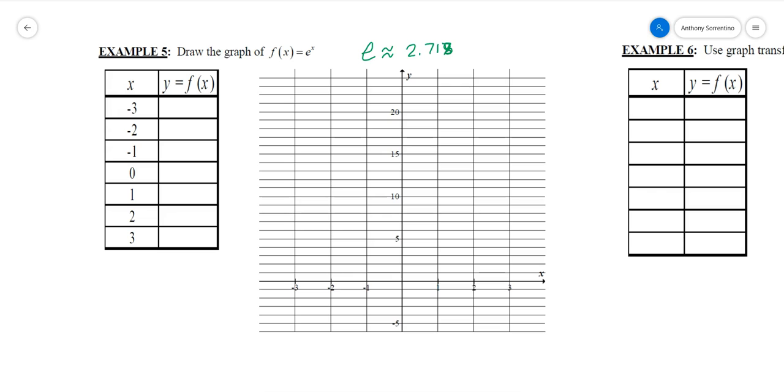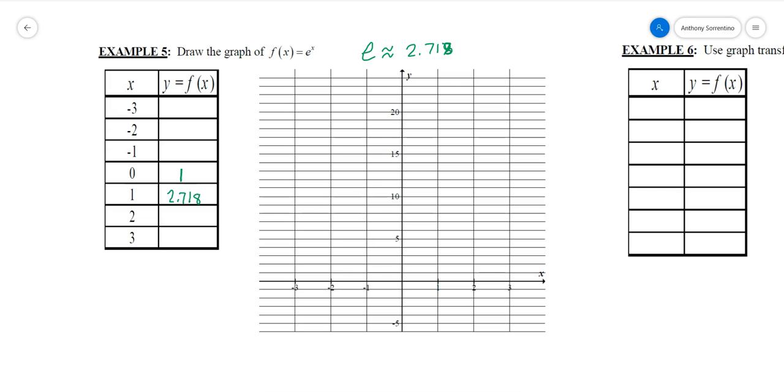And even now, I'm not going to be able to graph all that accurately, but just for the sake of computations. So if I raise that to the first power, I'm going to have 2.718. I raise that to the 0. Anything to the 0 is just 1. The rest of these, I'm going to have to apply powers.